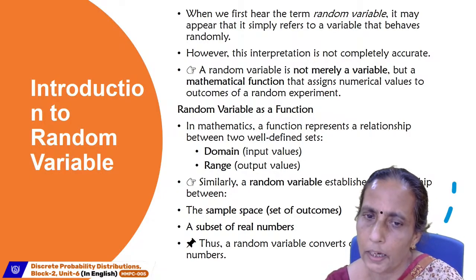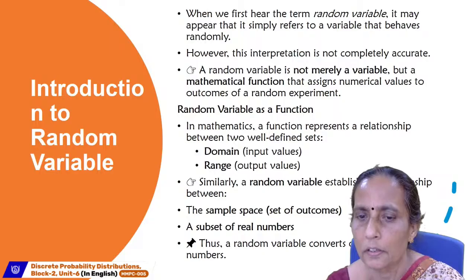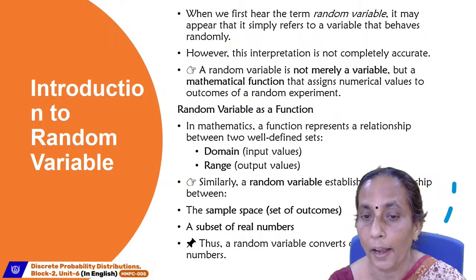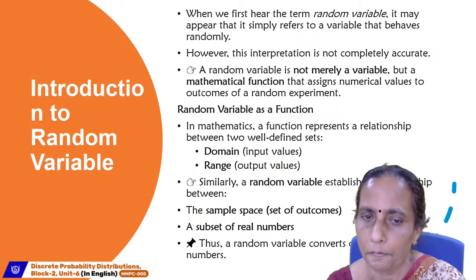Why is it a mathematical function? Because this variable has a domain. That means it can take on values from a specific set, and the output of it is also a value from a specific set of values.